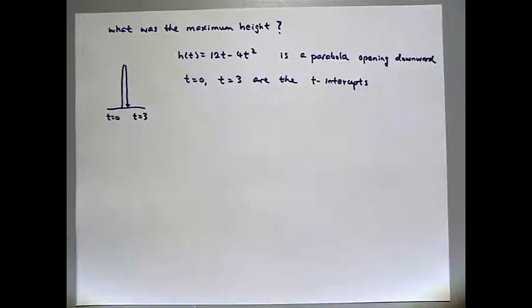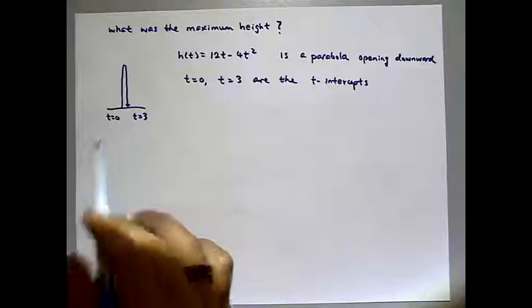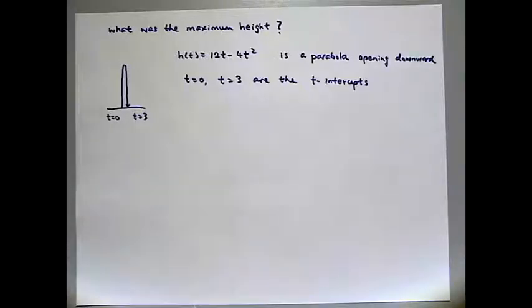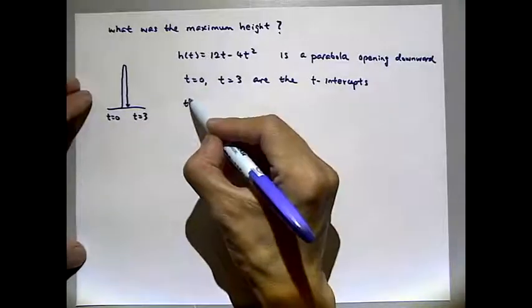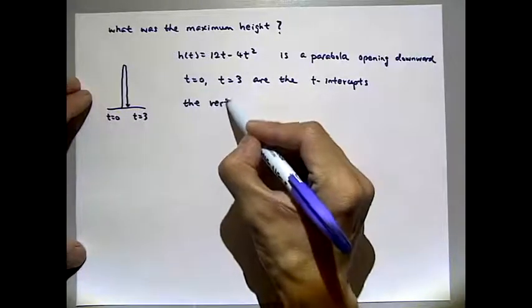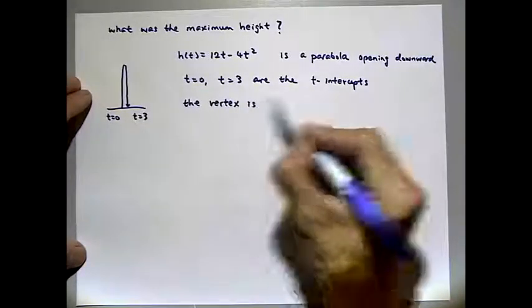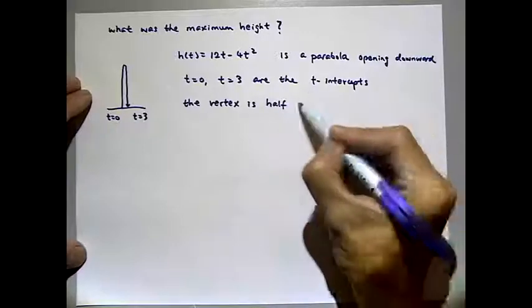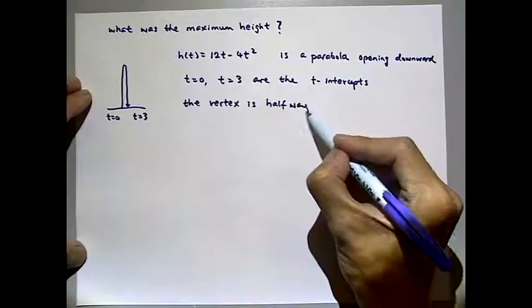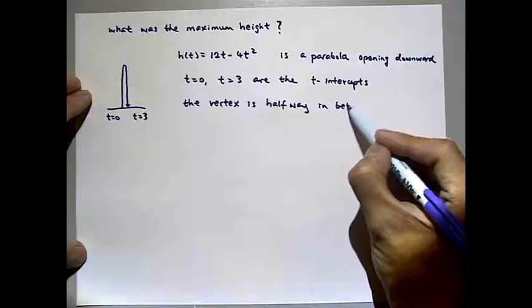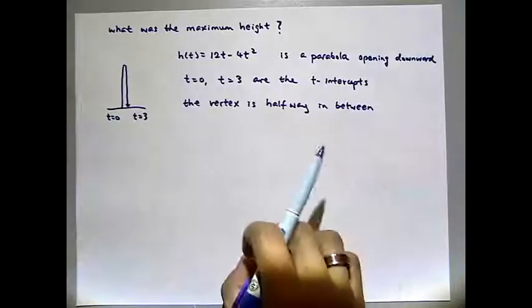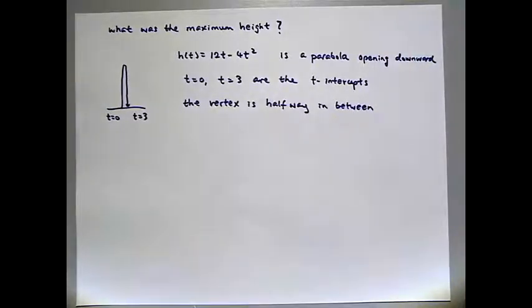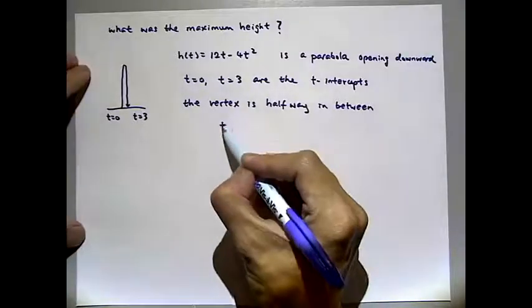All parabolas are symmetric with respect to the locations of the intercepts and the location of the vertex. The vertex is halfway between the two t-intercepts. That means t is equal to 3 over 2.